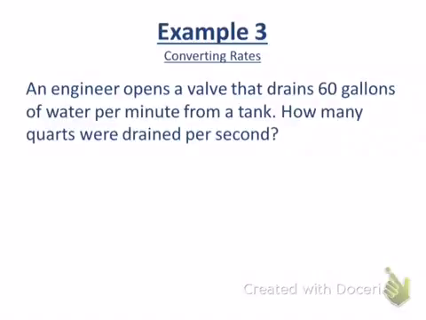Go ahead, work quietly on this. 60 gallons of water per minute. How many quarts were drained per second? Now, if you sit and think your way for just a second here, you really save yourself some time.